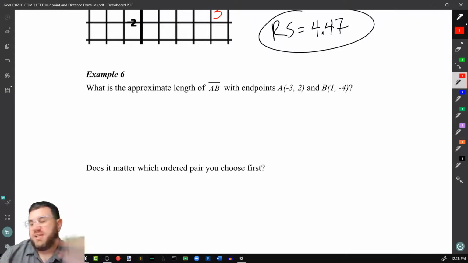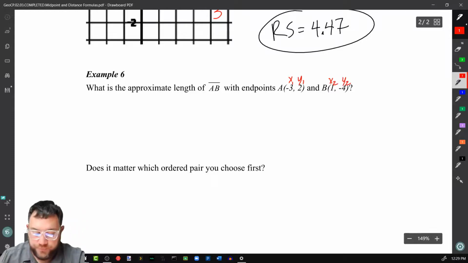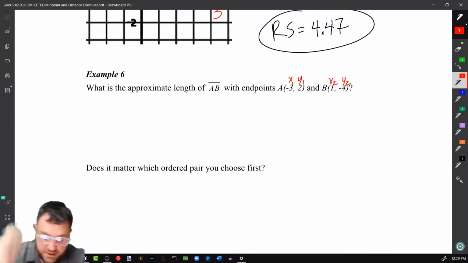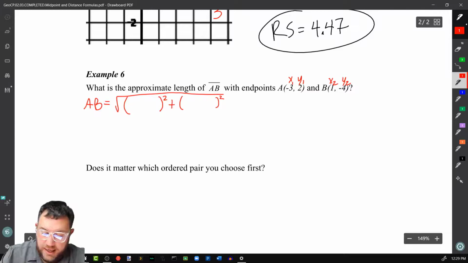Alright, for example 6, we're basically going to run through it again, we just don't have the graph. So we've got x1, y1, x2, y2. And I'm not going to try to color code it this time. So the length of AB equals, okay, we've got parentheses squared plus parentheses squared. x2 is 1, x1 is negative 3. y2 is negative 4, y1 is 2.